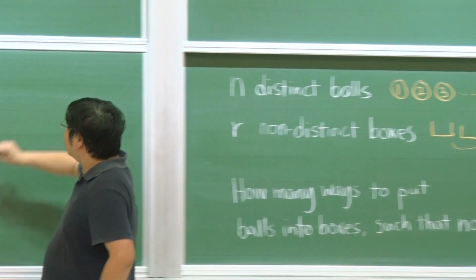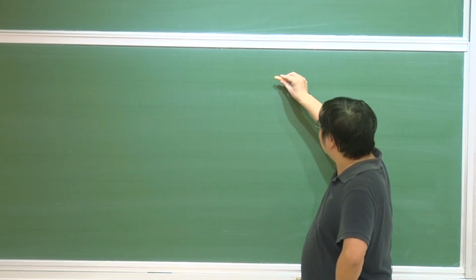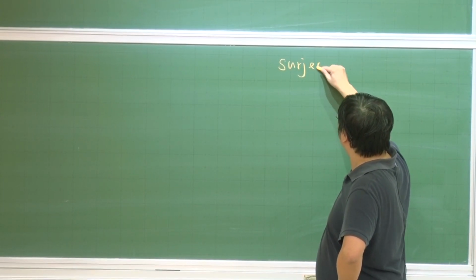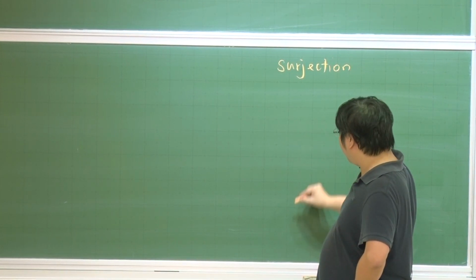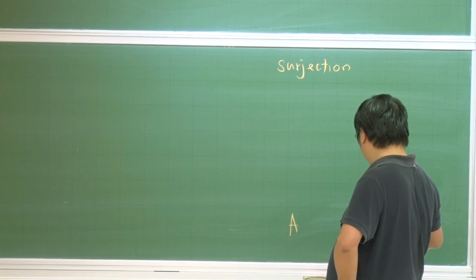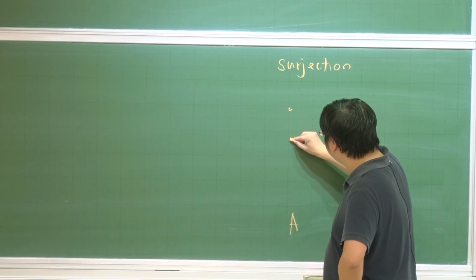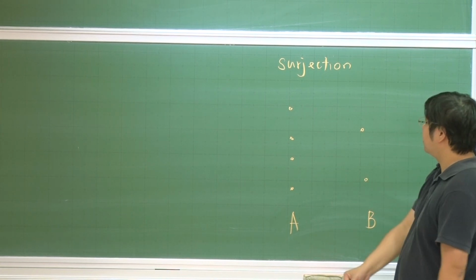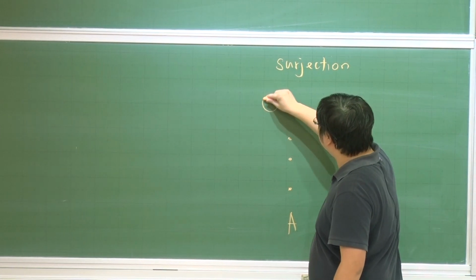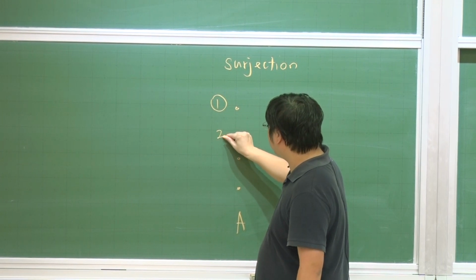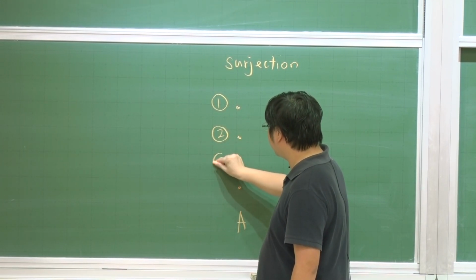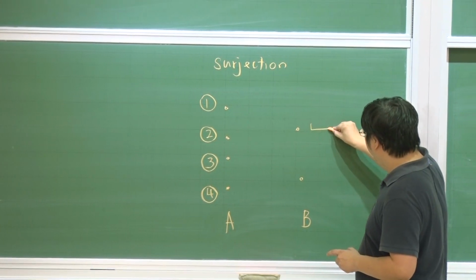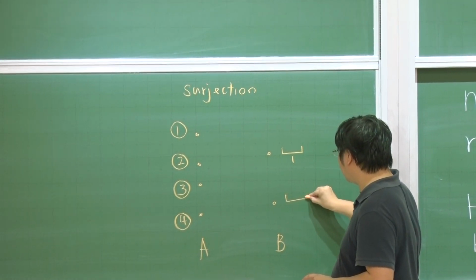For instance, if you have a surjection from A to B, such that A has 4 items and B has 2 items, you can think about this as the first ball, the second ball, the third ball, the fourth ball, and this as box 1, and this as box 2.